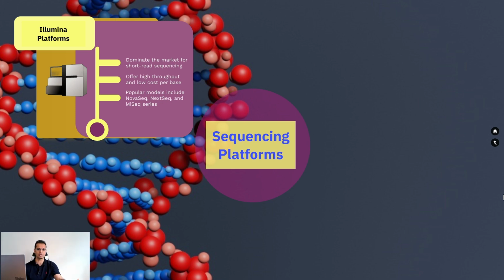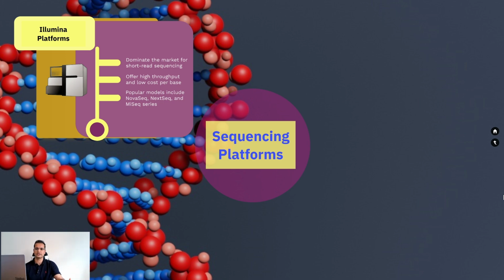We have short-read sequencing platforms and long-read sequencing platforms. Illumina is dominant in short-read sequencing. It offers high throughput and low cost per base, and its popular models are NovaSeq, NextSeq, and MiSeq series.